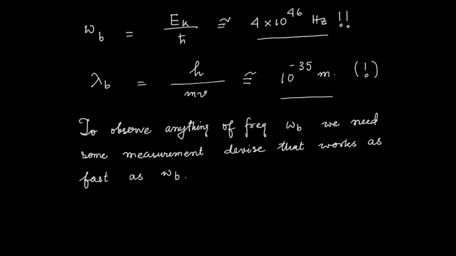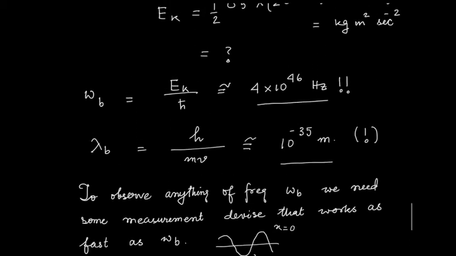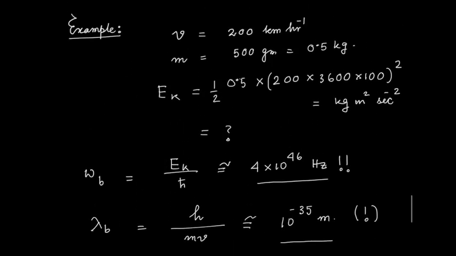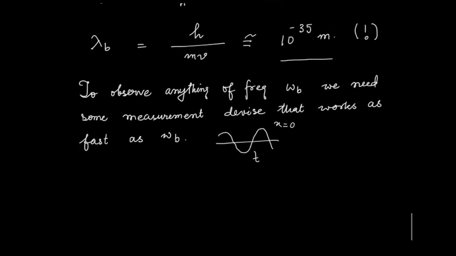Actually, it has to be twice as fast, but let us not go into that detail. But it has to be all of the order of omega b. So I need something which changes 10 to the 46 times a second. I don't have anything like that. So I'll never be able to see the oscillation with that frequency. If I want to plot or measure the oscillations of the de Broglie wave with time at a given point in space for the ball thrown by Shoaib Akhtar, I'll never be able to see it.